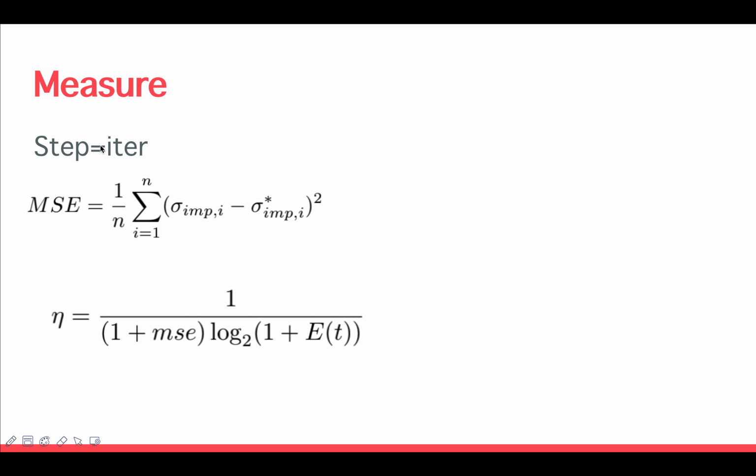Next is the MSE, and the third combines MSE and steps. If the MSE is higher, then the result is not that good. Also the ET is the step, the average step number. If the average step is higher, that means you need more time and more steps to find the root, so the method is not that good.